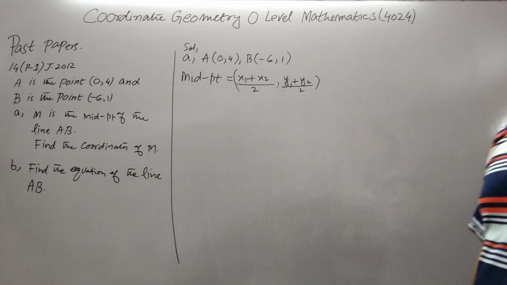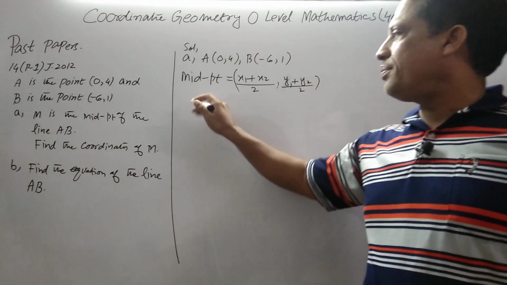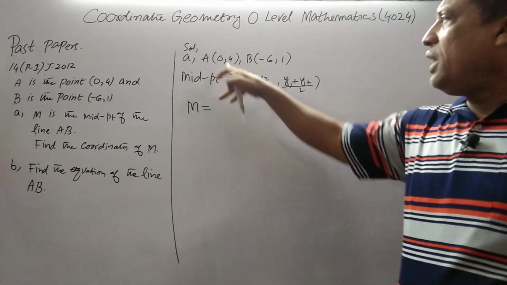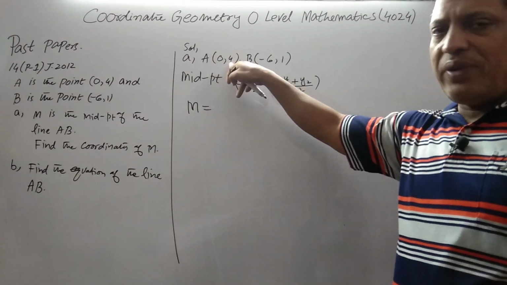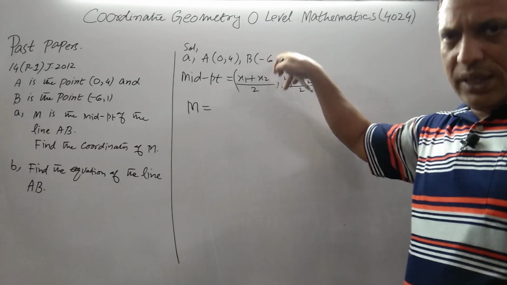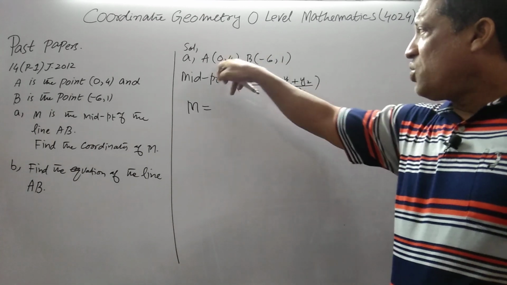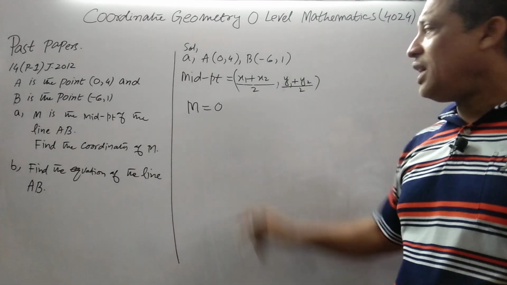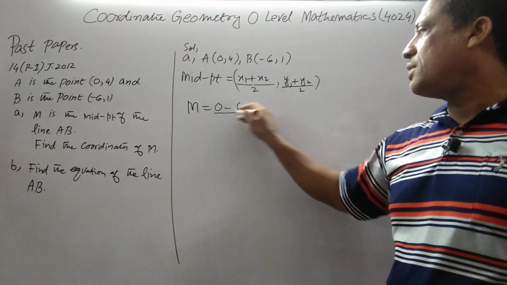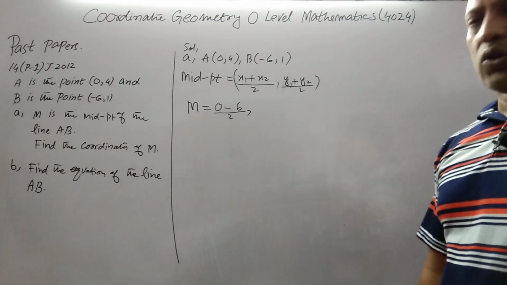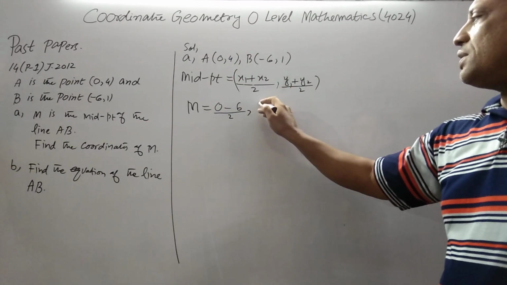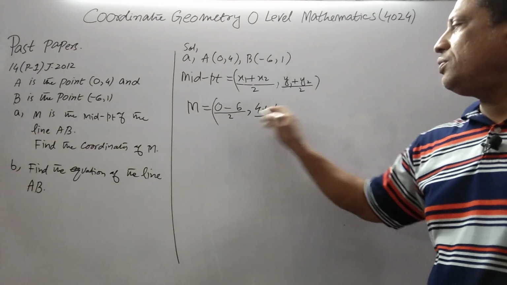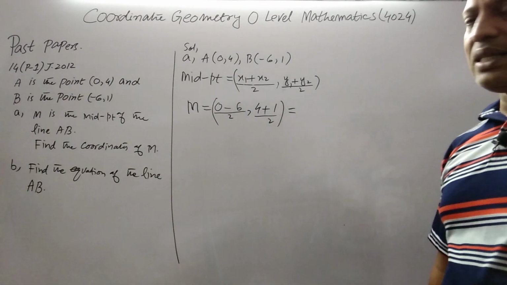So we represent the midpoint by capital M. This is x1, this is y1, this is x2, this is y2. So x1 is 0 plus x2 is -6, over 2, comma, y1 is 4 plus y2 is 1, over 2. What is the answer?